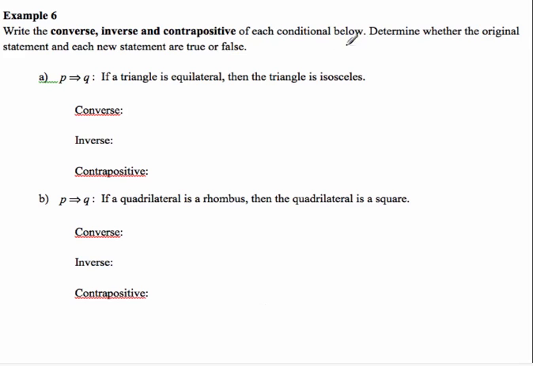Okay, write the converse, inverse, and contrapositive of each statement below. Determine whether the original statement and each new statement are true or false. If a triangle is equilateral, then the triangle is isosceles.